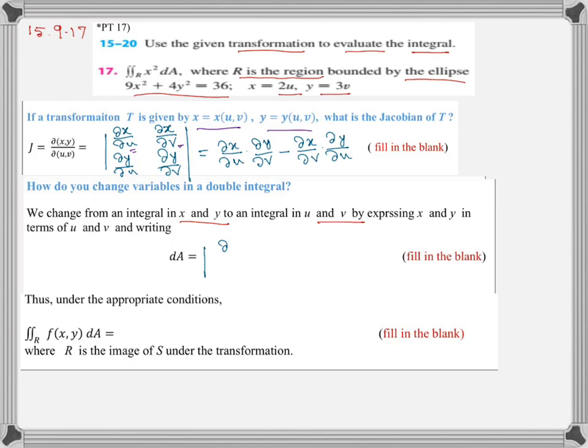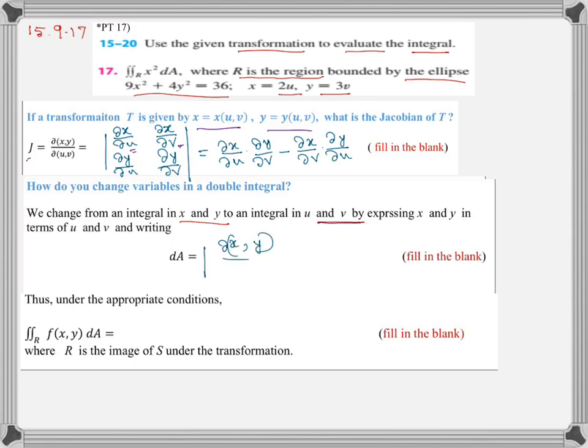Next, how do we change the variables in a double integral? We change from an integral in xy to an integral in uv by expressing x and y in terms of u and v and writing dA as the Jacobian that we just discussed, partial xy over partial uv, times du dv.